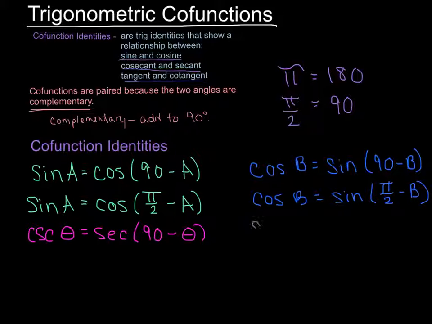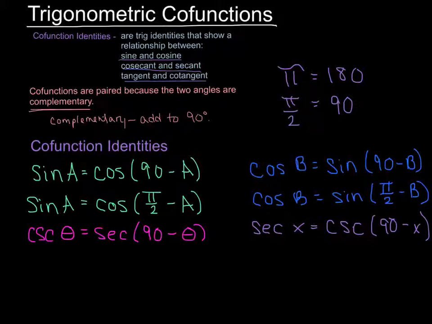And I could also have the reverse of it, secant of, we could say x. Doesn't really matter what the variable is. It's just representing an angle. So this one would be secant of x is equal to the cosecant of 90 minus x, or pi over 2 minus x.